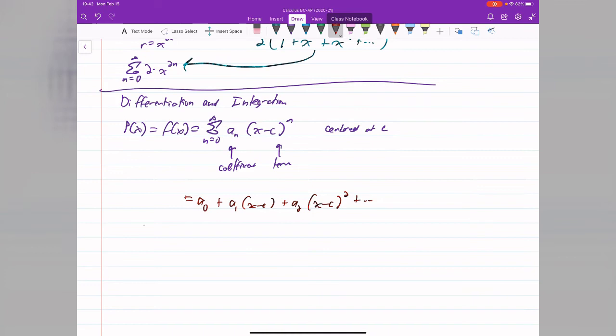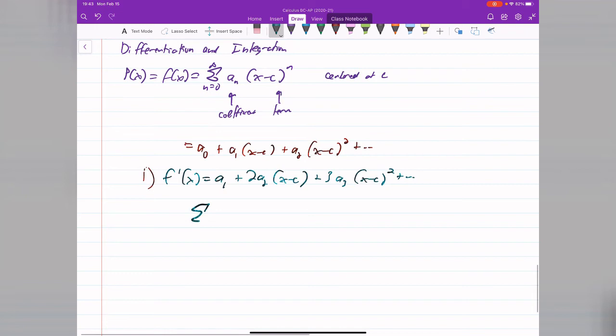Well, let's examine a derivative of this. In other words, let's examine what an f prime of this would look like. f prime of x would be equal to, the derivative of a sub 0 is 0. The derivative of a sub 1 times x minus c would just be a sub 1. Then I have 2 a sub 2 times x minus c to the first power, plus 3 a sub 3 times x minus c to the second power, and so on.